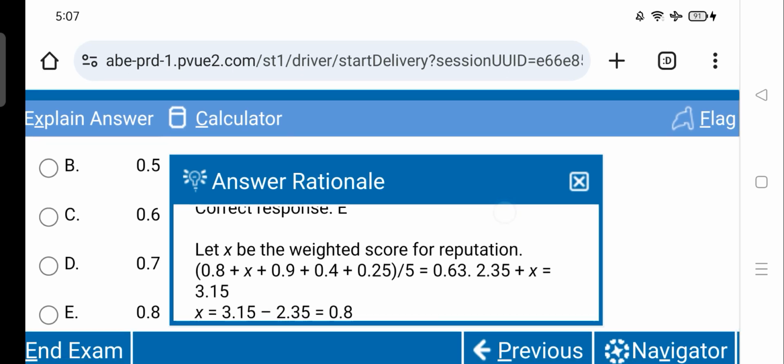Let X be the weighted score for reputation.